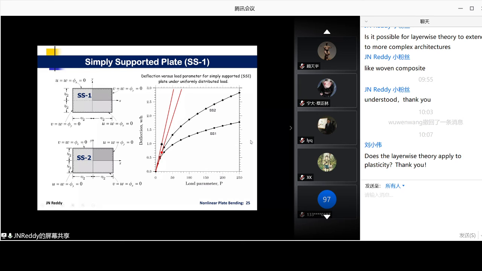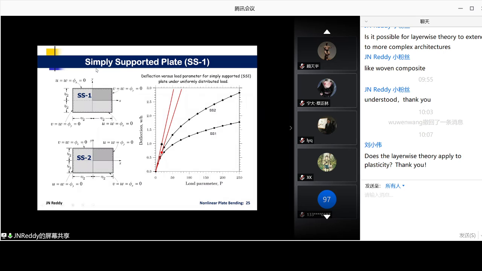Okay, so this is a simply supported plate. And I have to also say, as a remark, what we call simply supported in academic settings is probably not as meaningful in the real world, because you must know what exactly you mean. So I showed, for example, two possible simply supported cases here.